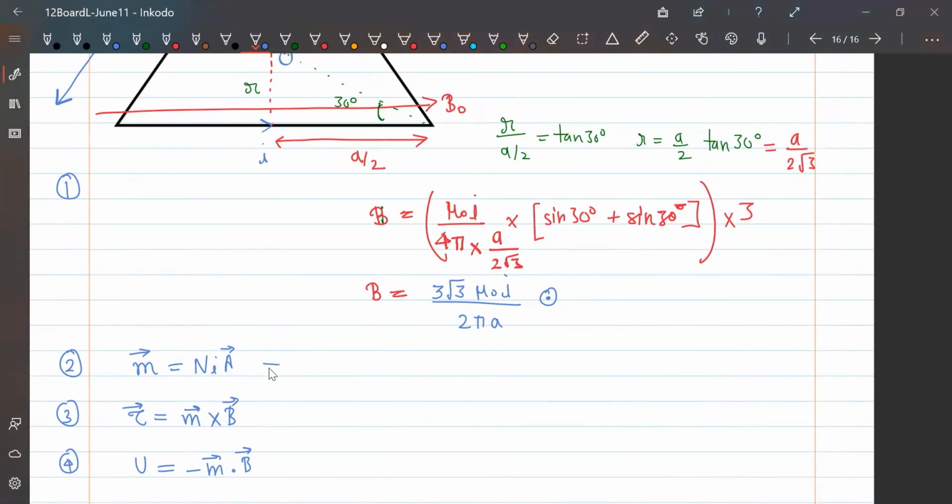Nupur, tell me the value of magnetic dipole moment. Root 3 by 4 A square into I. Root 3 by 4 A square is the area, no?